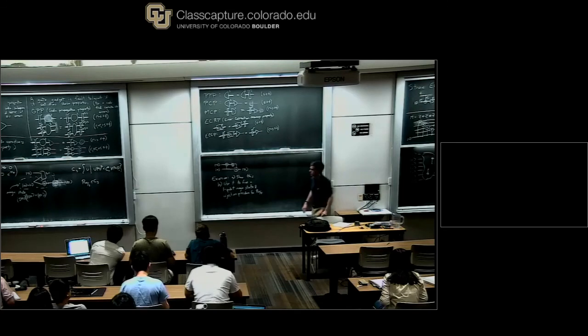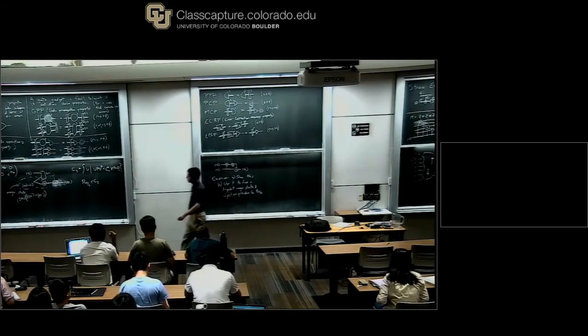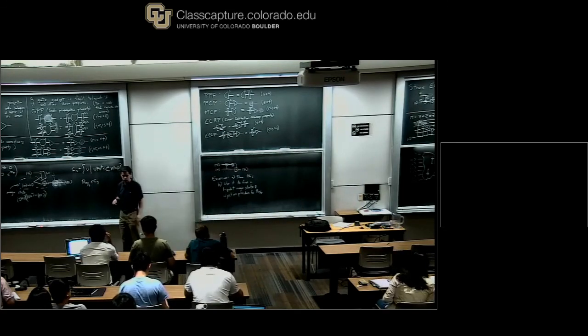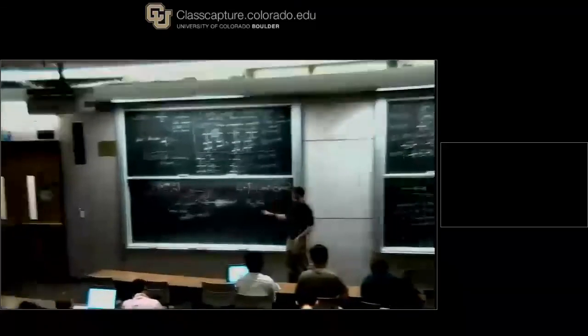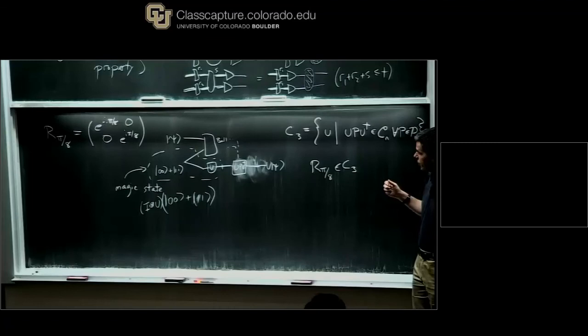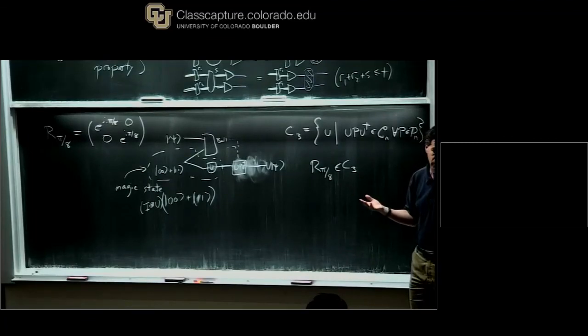Use this pi/8 just because it has this nice property, or? Yeah, that's right. So really anything in C3 is going to work the same way. But some other gates in C3 are multiple qubit gates, like the Toffoli gate, and so that makes it more complicated because then you have to deal with more qubits.